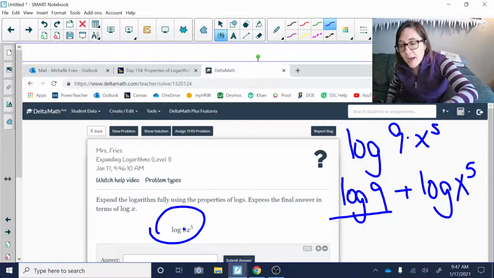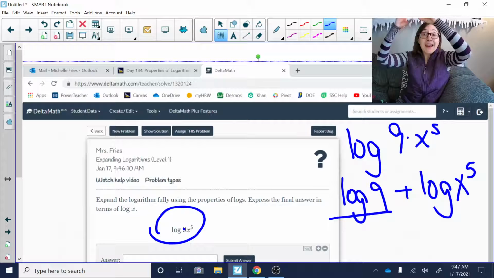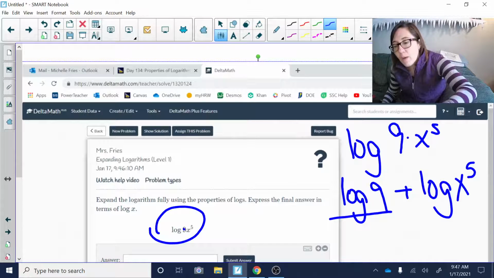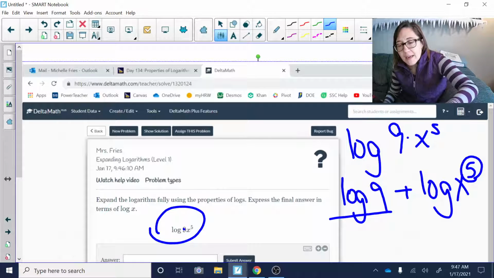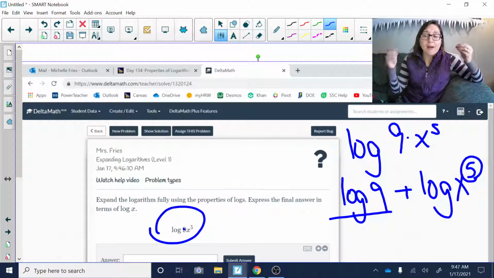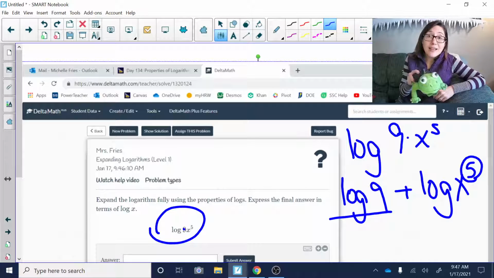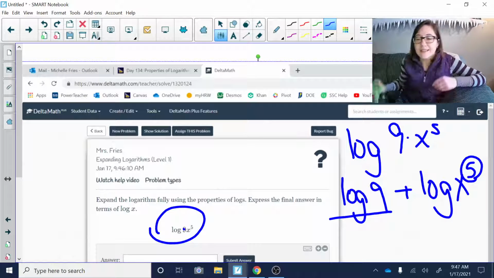But this one I can do some simplifying with, because my 5 is still an exponent. When you have a power to a power, you multiply the exponents. So this 5 is going to get multiplied by the logarithm, because logarithms tell us the exponents.